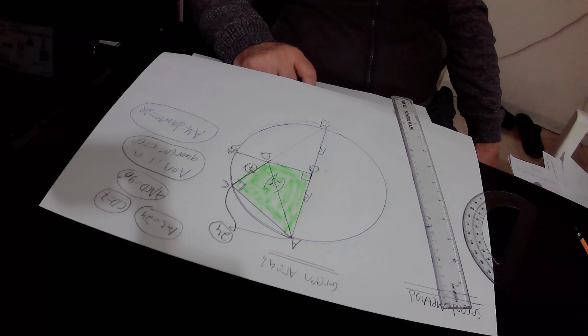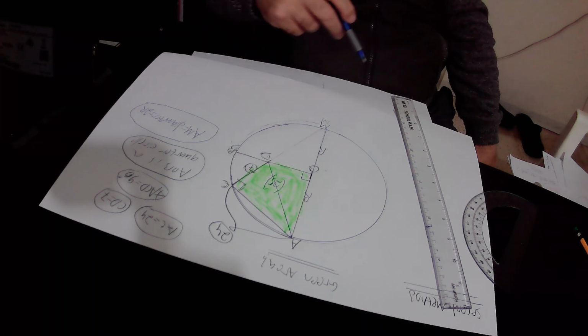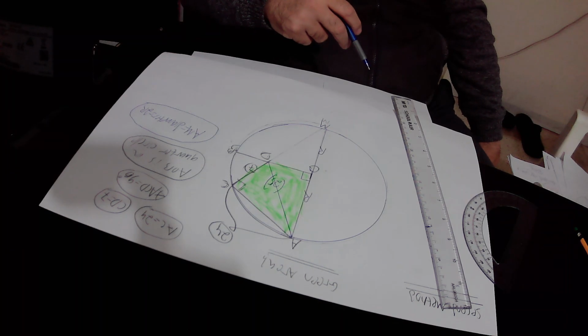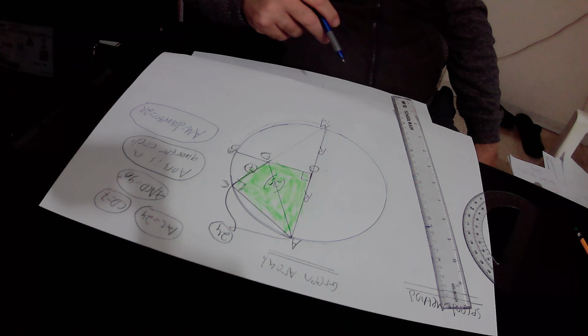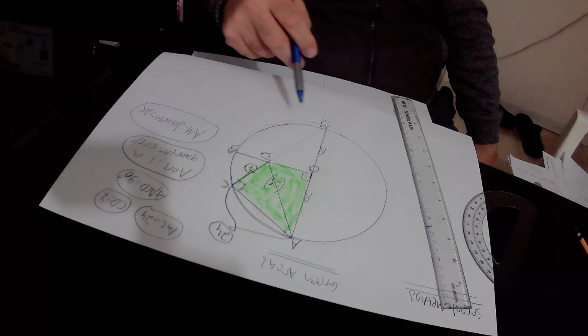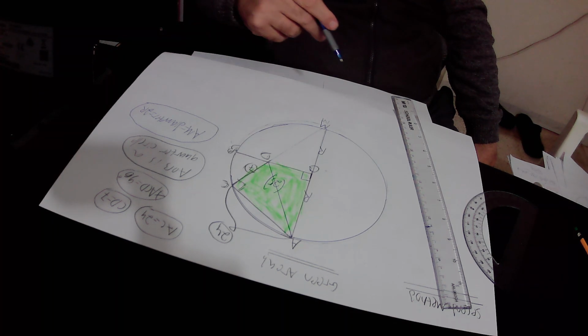And the question here is, at which point will the extended side CD touch the circle? We'll assume that the extended side CD will not touch the circle at point M, but at some other point.